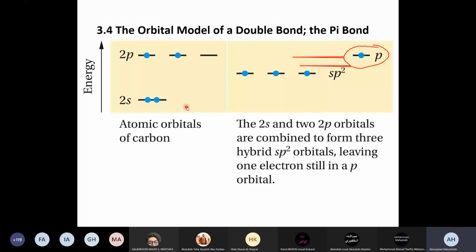So this p orbital must be used to form the pi system. So this p orbital should not be hybridized.